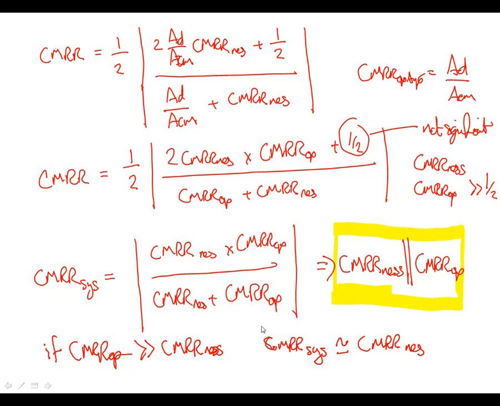And again, that's an approximation that you can use, but you've got to know where it came from and you've got to know how to derive it. But you can only do that if the op-amp's common mode rejection ratio is significantly greater than that of the resistors. Well, that ends this particular screen cap looking at common mode rejection ratios.